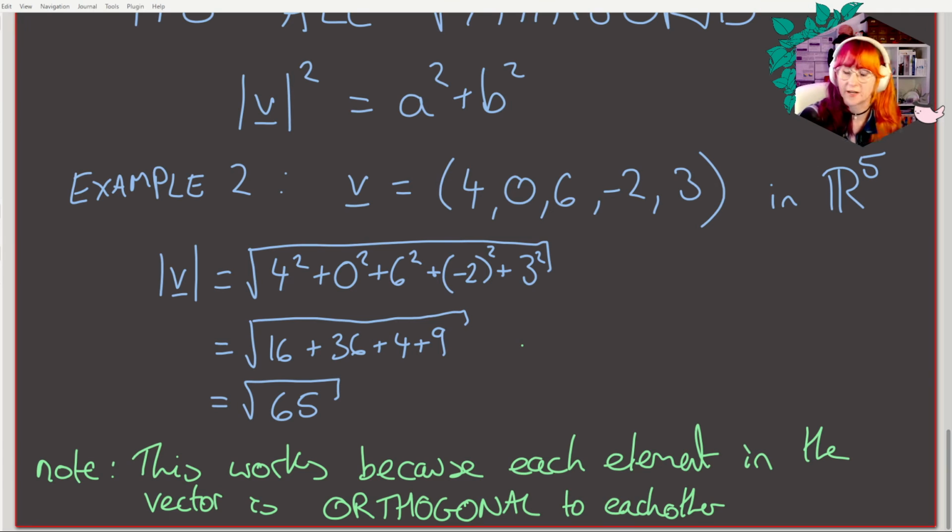Please don't acknowledge the man behind the curtain. But this works because each element in the vector is orthogonal. And what I mean by that is right angles.